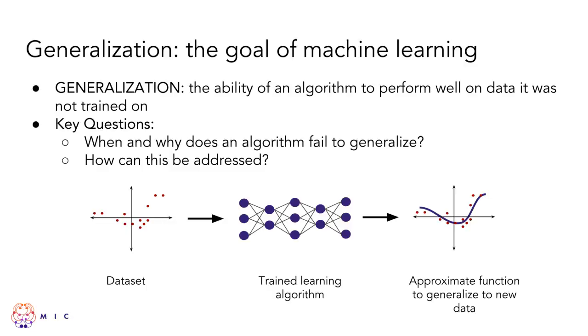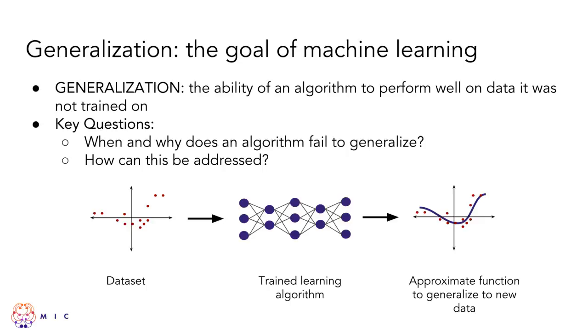Generalization we like to call the goal of machine learning. So a definition that I like of generalization is the ability of an algorithm to perform well on data that it was not trained on. So what we want to remember when we're training our algorithms, and something that's going to come up a lot throughout the rest of this workshop, is that performance on your training data does not necessarily indicate good performance in real world or on your testing data.